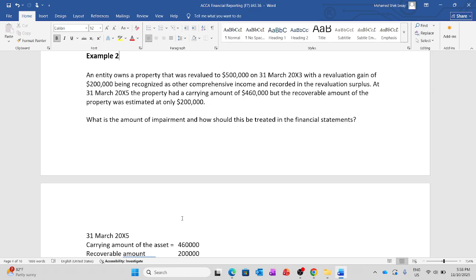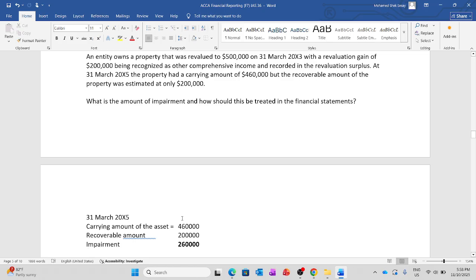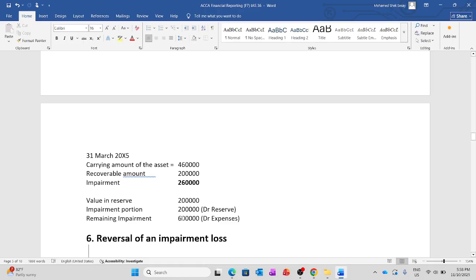So currently we have a credit figure in the revaluation reserve of 200,000 and the impairment is 260. So we are going to debit 200 in the revaluation reserve so we can offset it. It means we still have an outstanding impairment of 60. That outstanding impairment, we are going to debit to expenses. So this is what we are going to do, and this is how we are going to solve this particular question.